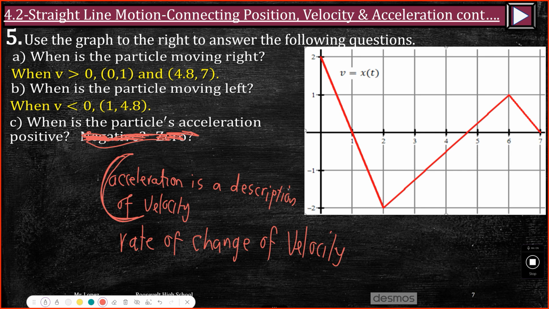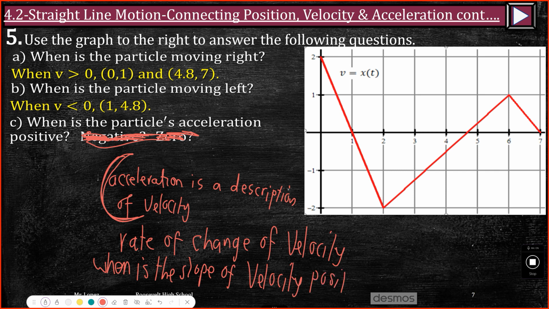So when is the slope of velocity positive? When is the particle's acceleration positive? It is when the slope of velocity is positive, because this is velocity.